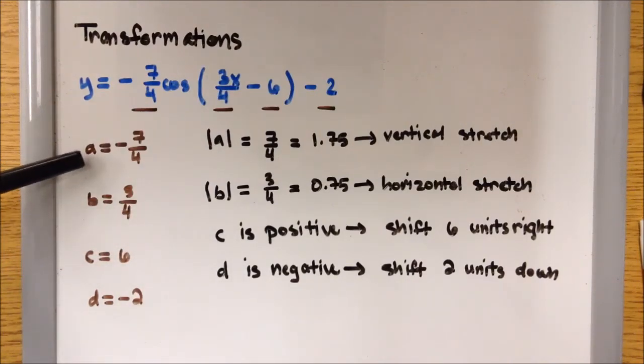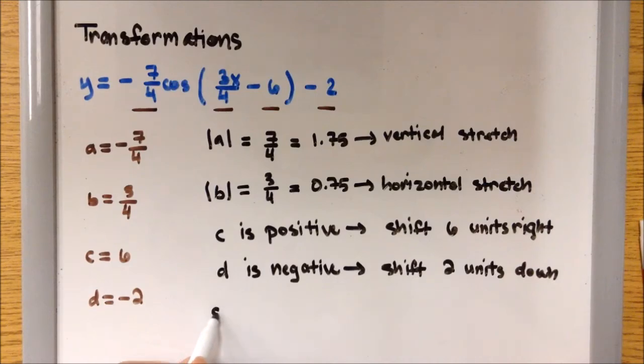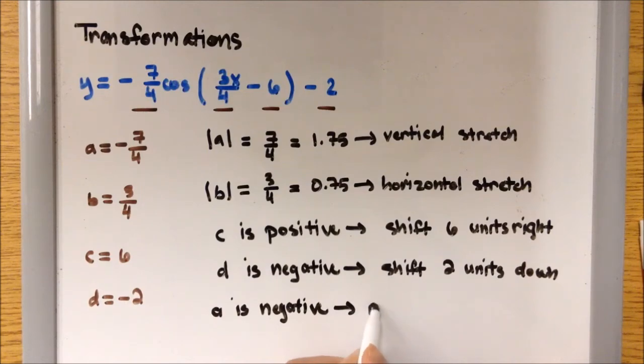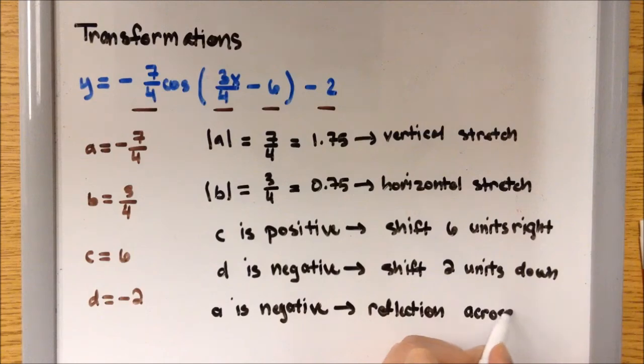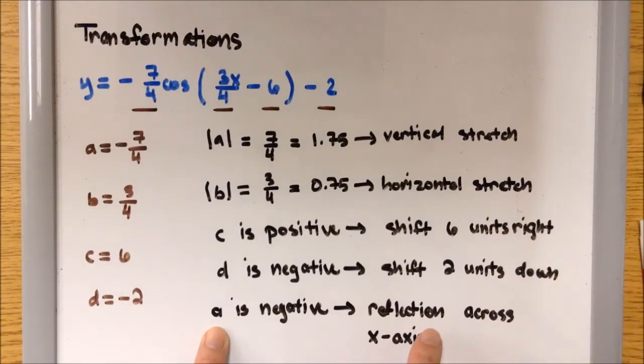In this case, there's a negative on the A. So when A is negative, it means reflection across the x-axis. If there's a negative on either A or B, it's a reflection, but A was the only one that's negative, so it's going to reflect across the x-axis.